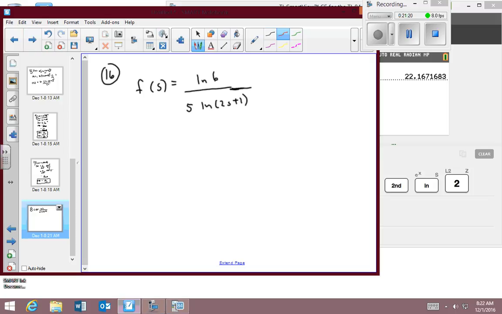This LN6, that's actually just a number. That's a constant. So you're not going to do anything derivative-wise with it. And what you want to do is get this thing in the denominator and numerator. So it's LN6 times 5.